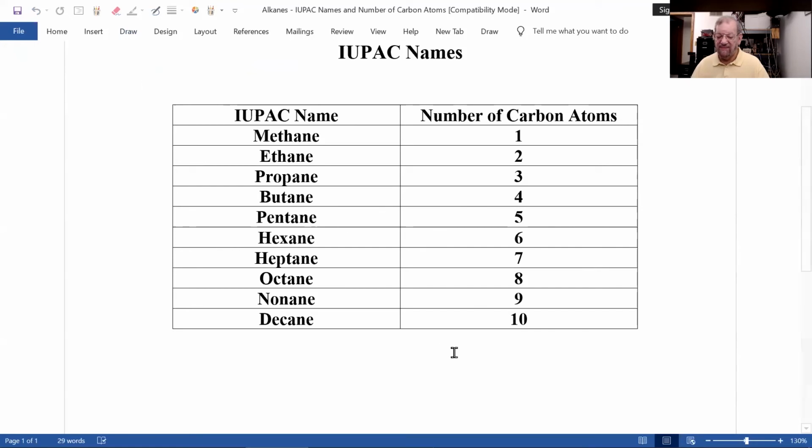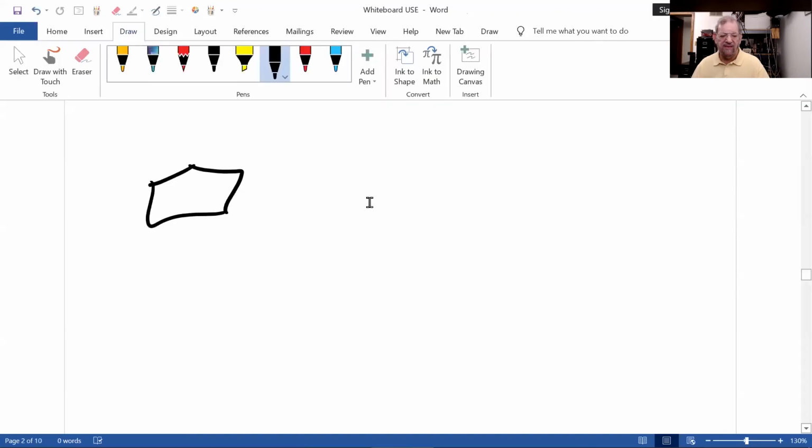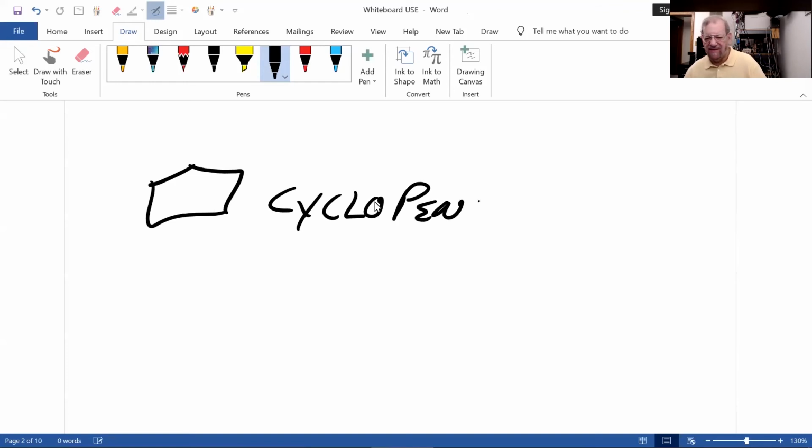Pentane. It's a ring, so I'm going to give it away. Remember, for rings you need cyclo in front of the word pentane. I'm telling you this because I've seen students lose a lot of points on test one. They just put down pentane.